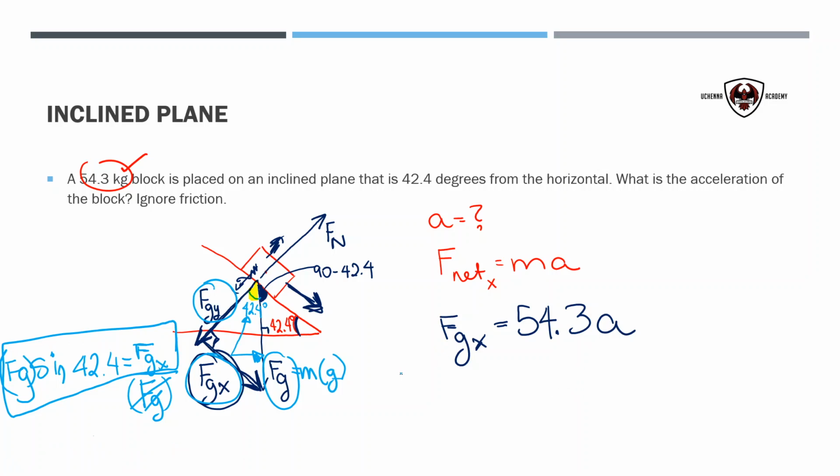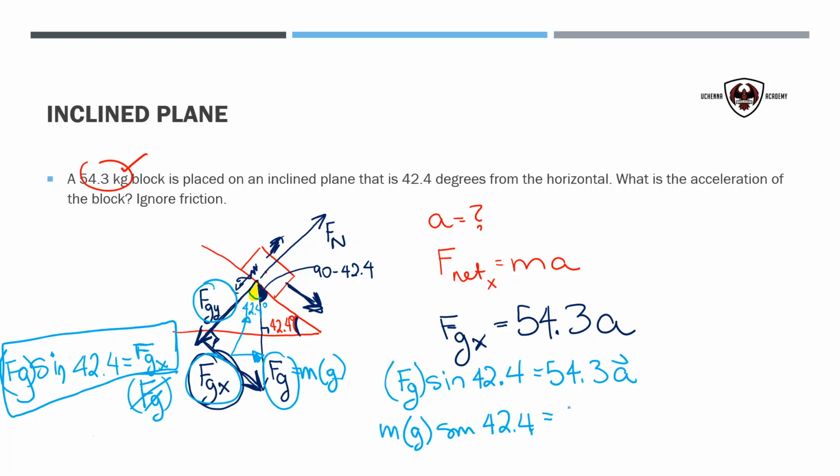So Fg in the X direction is the force due to gravity, which is made up of mass times acceleration due to gravity, times sine of 42.4 degrees, and that's equal to mass, 54.3 kilograms, times acceleration. And really this acceleration is what I'm looking for.